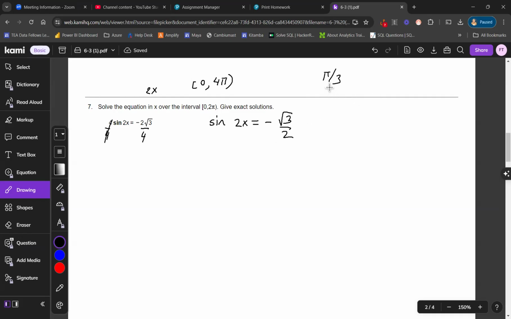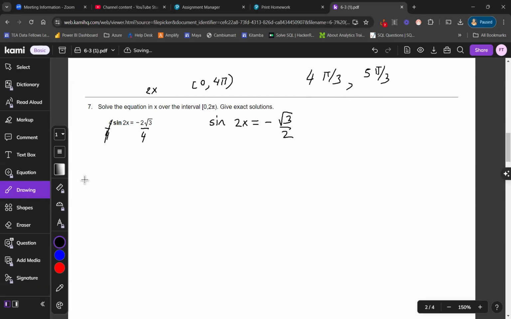In quadrant 3, 60 degrees becomes, so 60, 1, 2, we need 240, and 240 is 4 times 60, so it's going to be 4 pi over 3. And then it will also have a negative sine value in quadrant 4, that's at 300 degrees, and 300 means 5 times 60, so 5 times pi over 3.